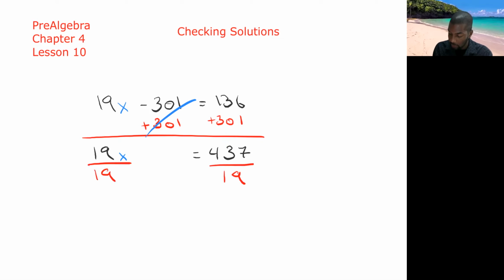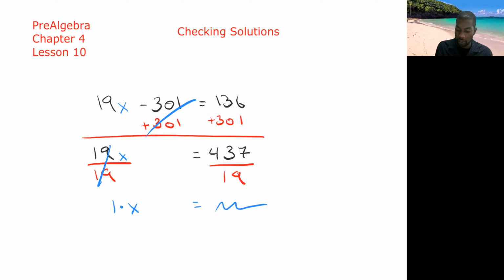over there. And then I would get 19 divided by 19 is 1. 1 times x equals 437 divided by 19. In fact, let's do the whole problem.